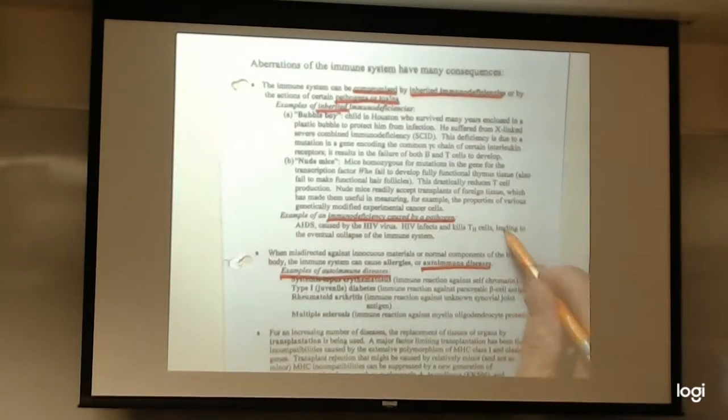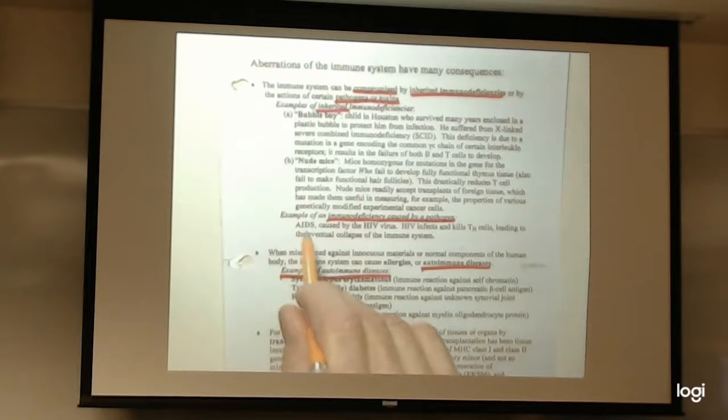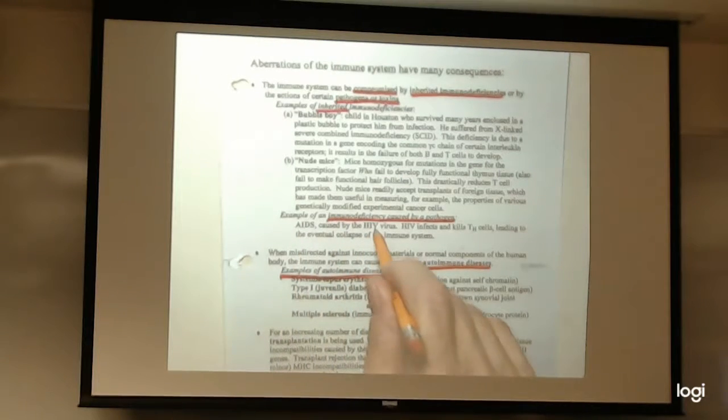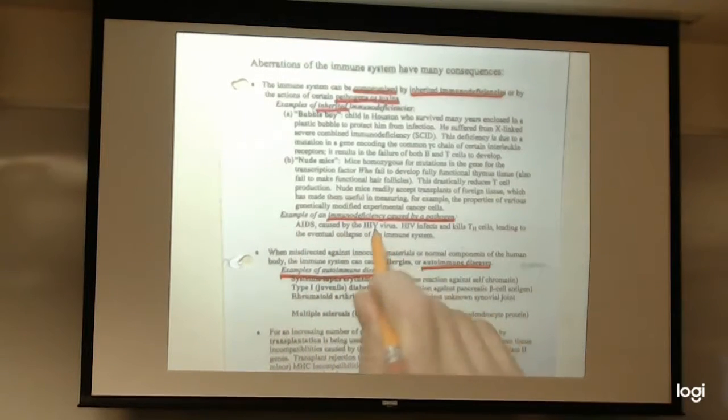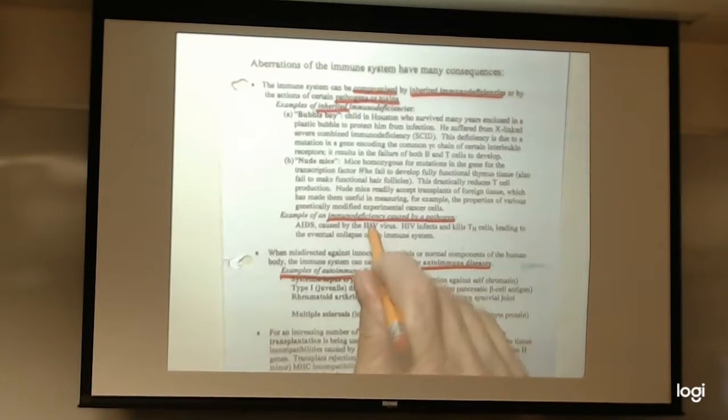When the HIV virus infects a CD4 T cell, first it replicates and then it kills it. Your immune system is not capable of defending itself against the HIV virus. It's a very insidious virus. We're not able to get vaccines against it yet successfully.